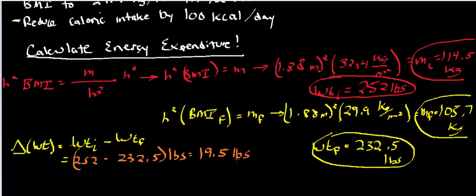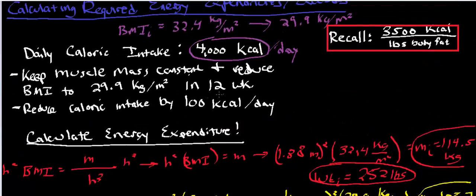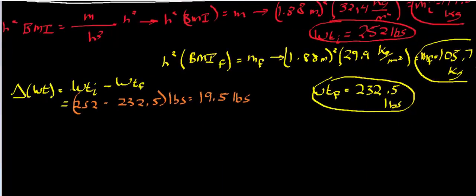Now, the reality about this is it's not just this person has to lose 19.5 pounds, okay? They're doing it in a 12-week period. So if you were to satisfy that goal right there, then we're going to say that the weight loss per time is going to be that 19.5 pounds per 12 weeks.